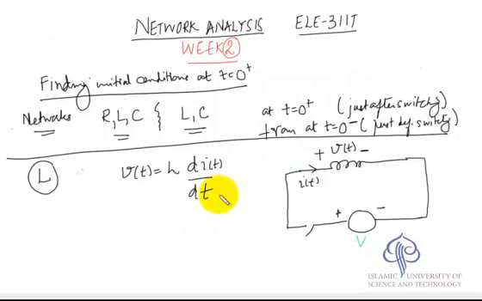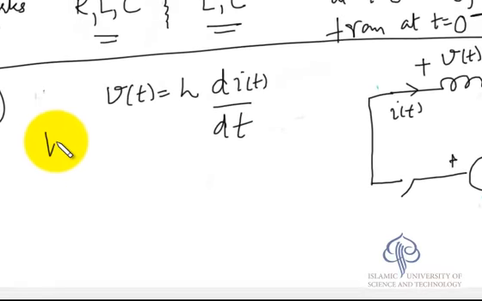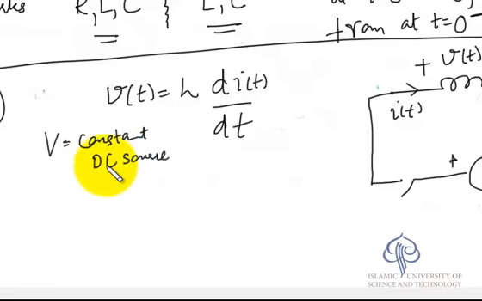In this circuit, suppose this voltage source V is a constant DC source, which is also evident from the notation capital V. And suppose that the current at 0 minus, when the switch is closed at 0, is 0.